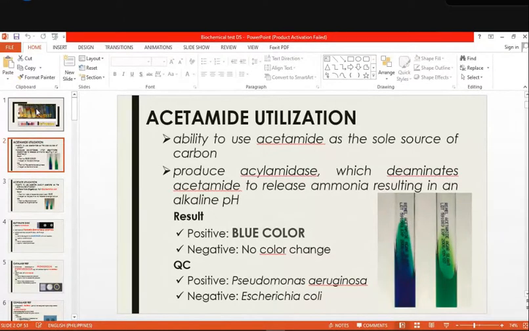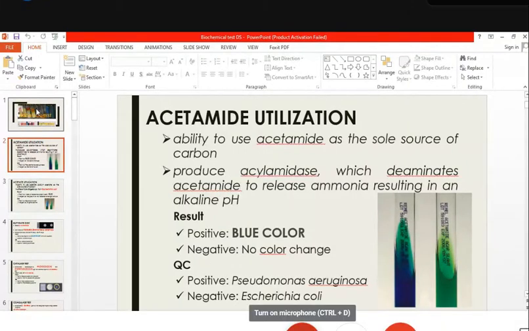With acetamide utilization test, sabi nga natin dito, it is based on the utilization of acetamide by the organism via the process of the amidation in the presence of the enzyme. Ano yung enzyme natin dito? What is our enzyme when we're talking about acetamide utilization? Anyone? Yes, acrylamidase.